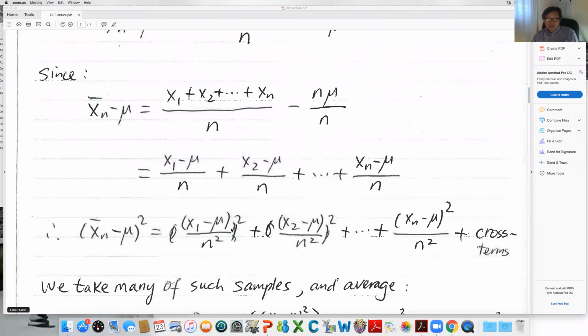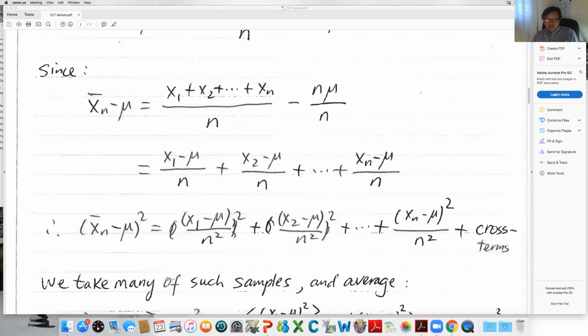Because the squared terms are always positive, but the cross terms have all kinds of different signs, because x1, Bob, can be lighter than the mean, Sean can be heavier than the mean, and so forth.